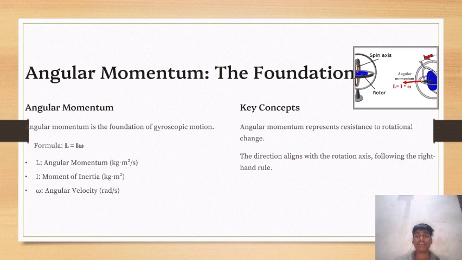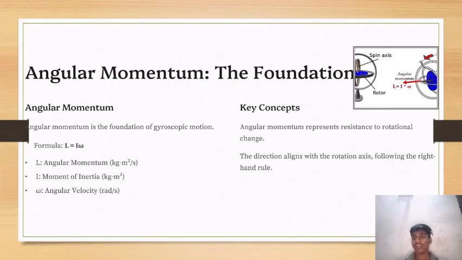Key concepts from here: angular momentum represents resistance to rotational change, and the direction aligns with the rotation axis following the right hand rule. Here, the direction for the angular momentum is taken from the right hand rule. We need to curl our hand in the direction of rotation, and the thumb will give us the direction of angular momentum.